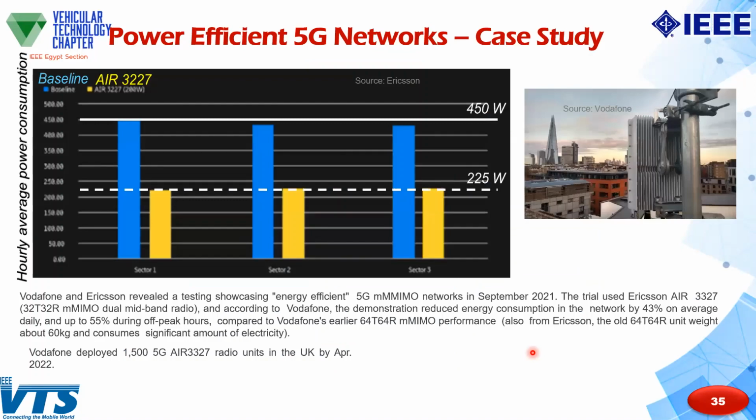This is a comparative case study, a real case study that was done by collaboration between Vodafone and Ericsson in September 2021. They deployed a special model 32 by 32 massive MIMO system, and they compared it to the 64 by 64 massive MIMO system.